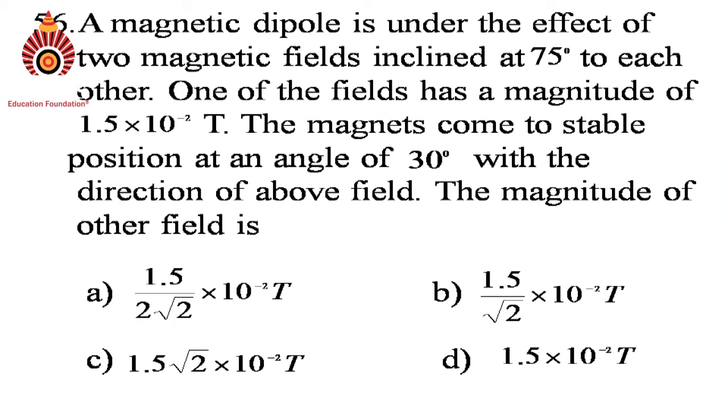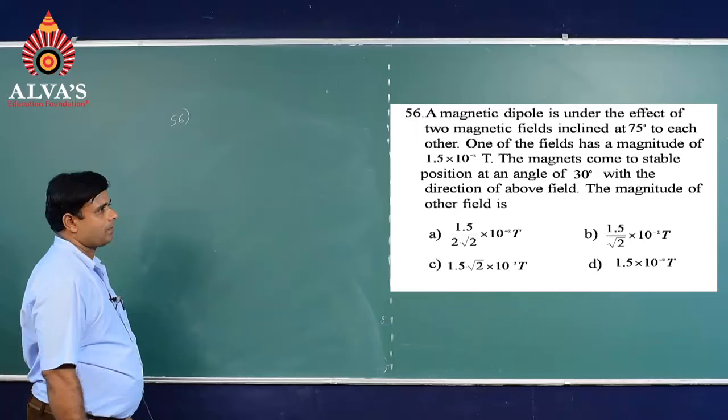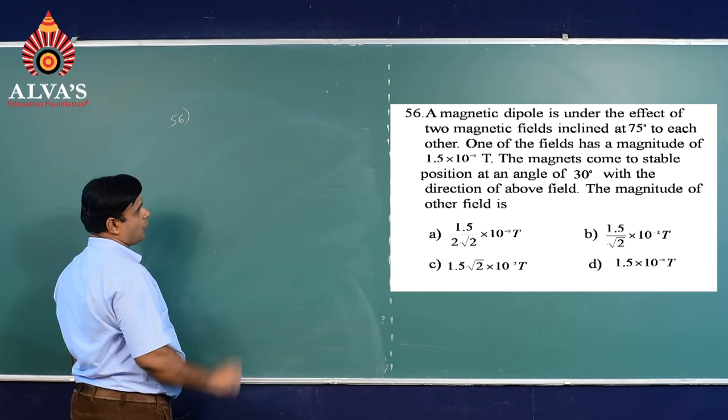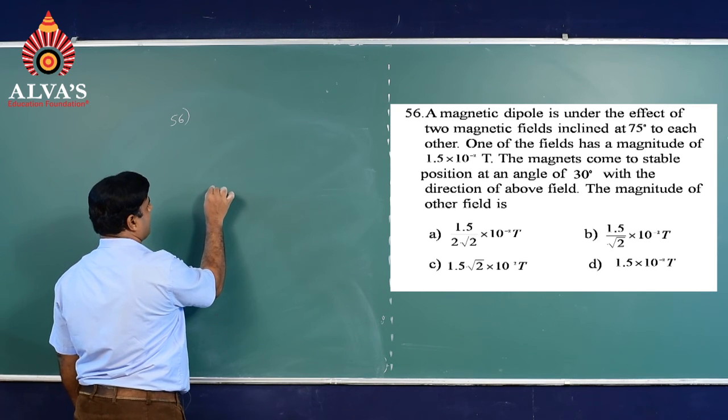A magnetic dipole is under the effect of two magnetic fields inclined at 75 degrees to each other. One of the fields has a magnitude of 1.5 into 10 to the power minus 2 Tesla. The magnet comes to a stable position at an angle of 30 degrees with the direction of the above field. The magnitude of the other field is required. Here the magnetic dipole is under the effect of two fields inclined at an angle of 75 degrees.